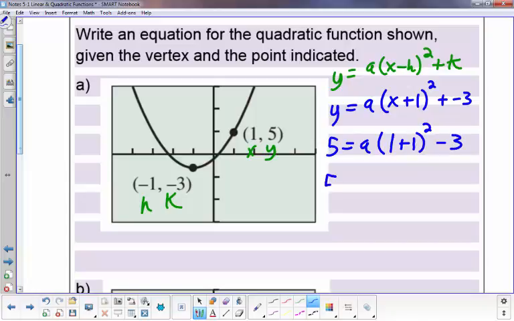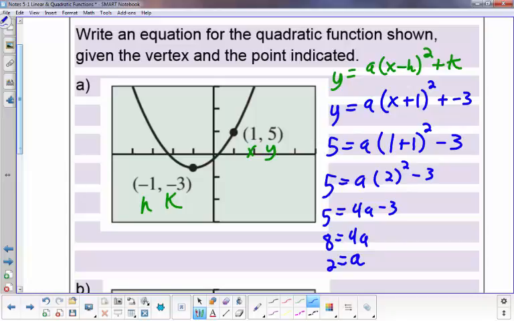Now we can solve for a. 5 equals a times 2 squared minus 3. 5 equals 4a minus 3. 8 equals 4a. 2 equals a. Now that I have a, I can rewrite my equation: y equals 2 times x plus 1 squared minus 3. There is my equation.